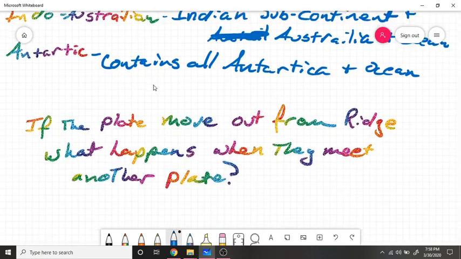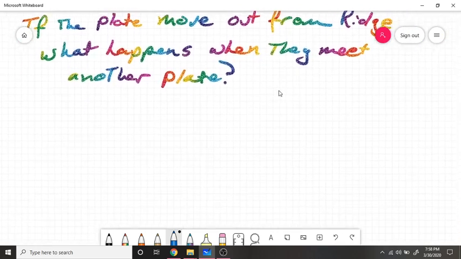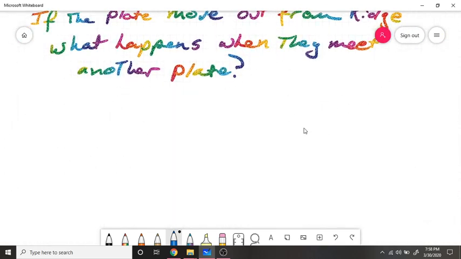I said the plates are moving out from the ridge, but what happens when they meet another plate?